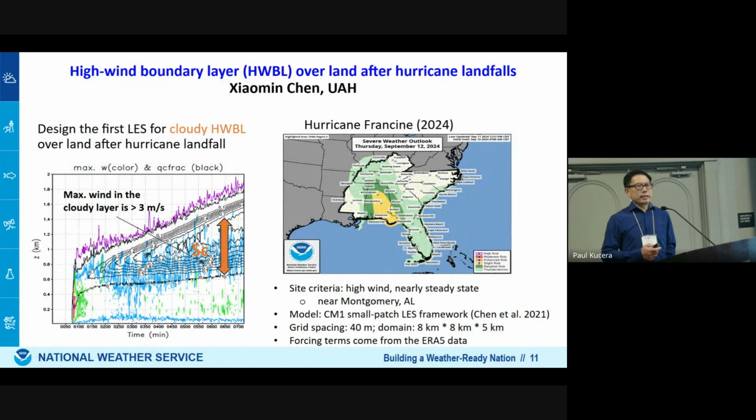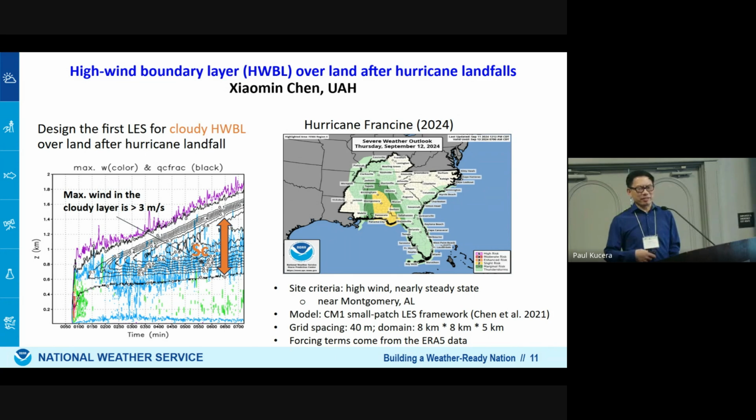This one slide is for Xiaomin, about the development areas, framework, and facilitating the development of hurricane models, especially in high wind situations. Sorry, I did rush. I hope I had more time, but I only have 9 minutes.